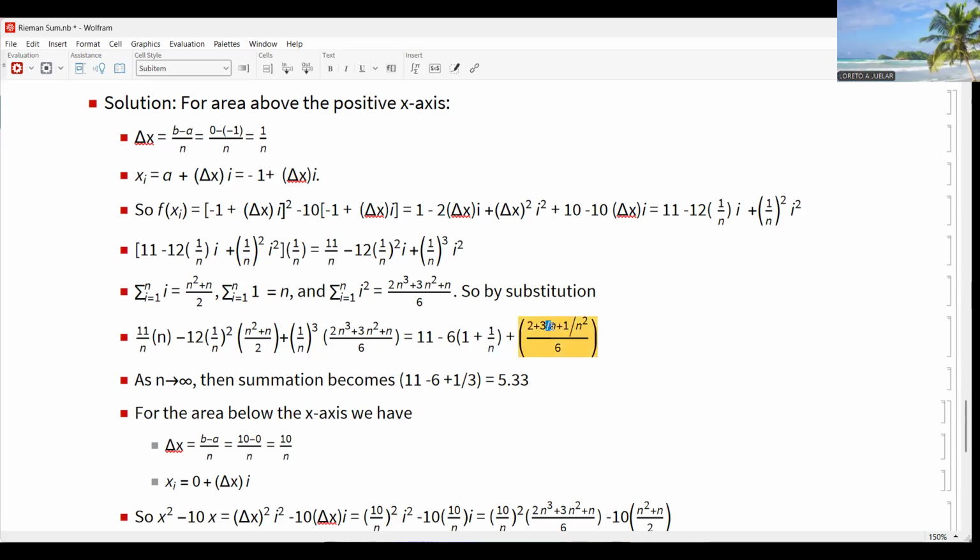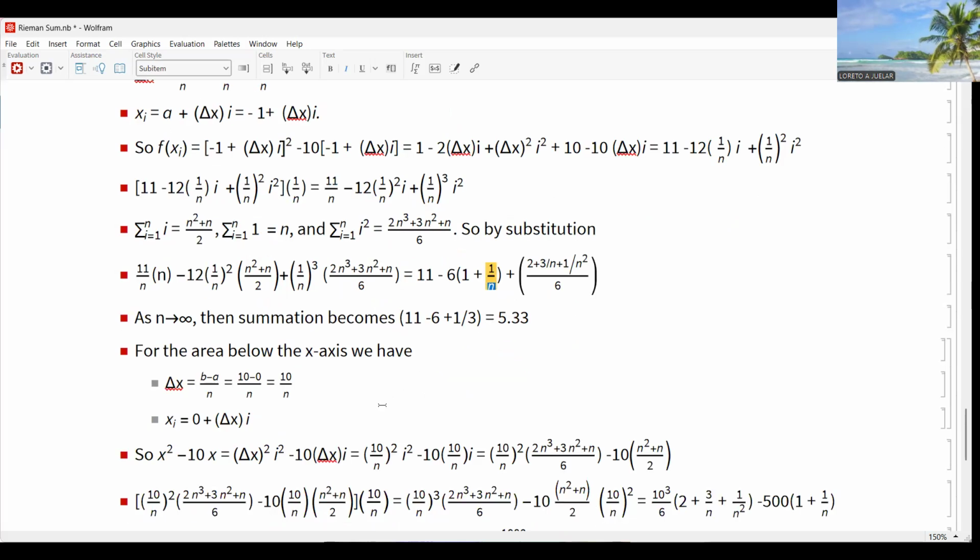So this one also becomes 0. So this one also becomes 0. So the remaining terms as n approaches infinity are 11, then negative 6, because this one is 0, 1 over n, then plus 1/3. So that is 5.33. Okay.